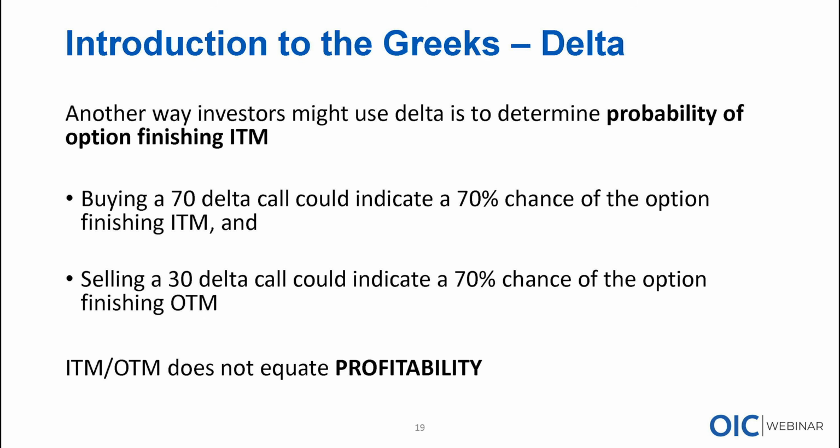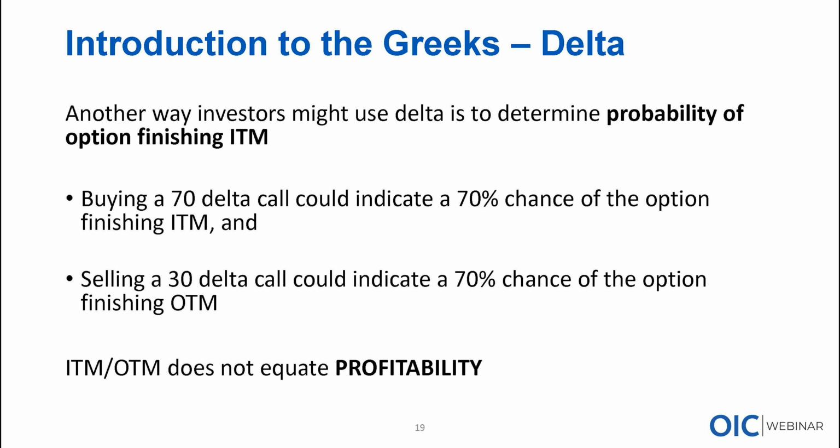So theoretically, if we had a 70 delta call, that would indicate a 70% chance that the stock is going to finish in the money, whereas a 30 delta call, if we sold that, would indicate a 70% chance that the option finishes out of the money. Buyers want options to finish in the money. Sellers want options to finish out of the money.